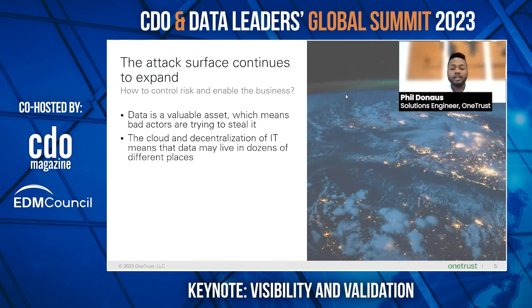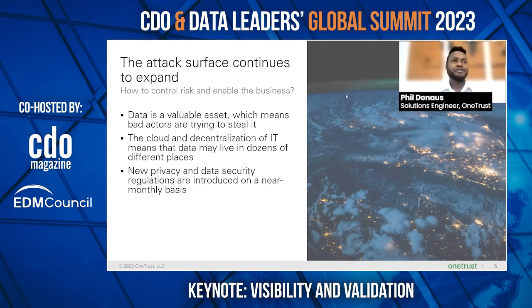And while our infrastructure and IT capabilities have been able to rise to meet that challenge, the problem is now there's an onus on chief data officers, on data engineers, data analysts to be able to keep track of that information so that it doesn't become a shadow IT resource.